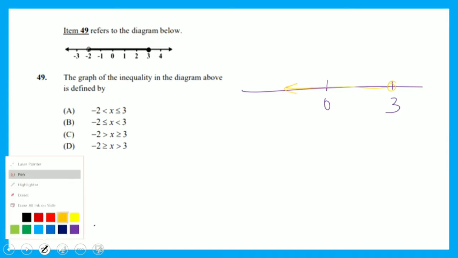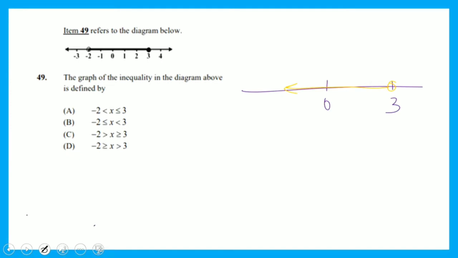If I want to indicate values that are 3 and less than 3, so less than or equal to 3, what I'll do is shade this spot right here. It wouldn't be an empty circle anymore, but a shaded circle, indicating 3 or less. So X would be less than or equal to 3.